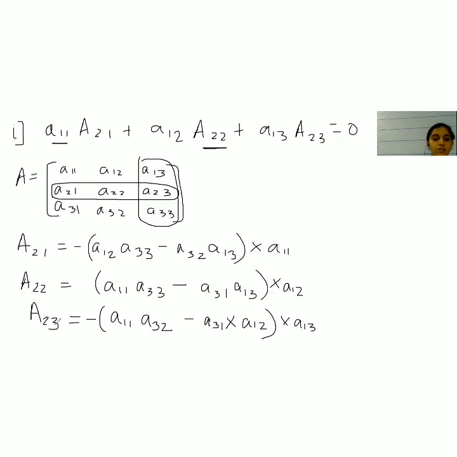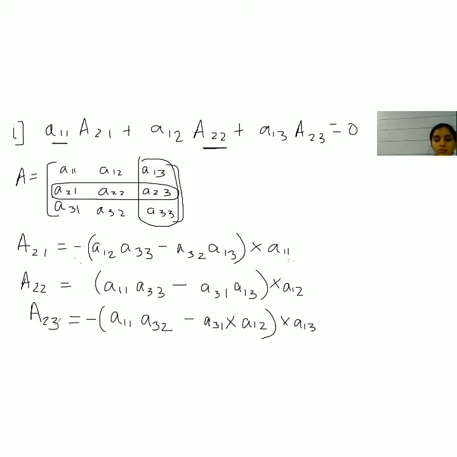The first one is a minus sign and A11, all have to be multiplied. So minus A11, A22 and A33. We'll do the first condition.